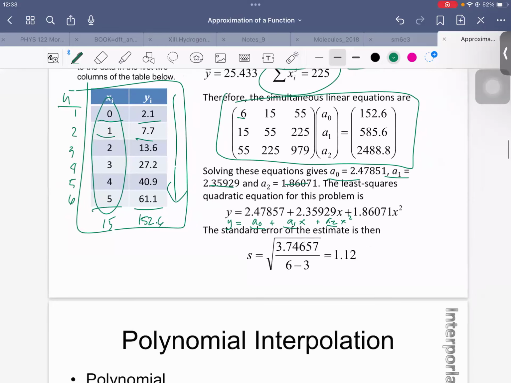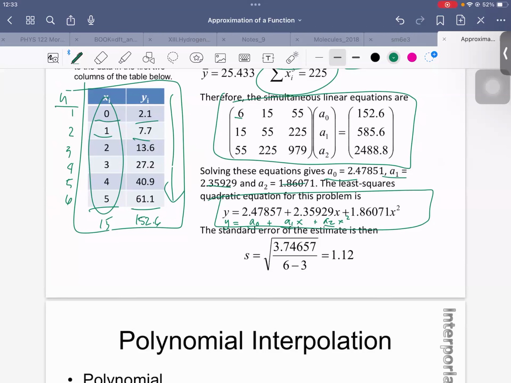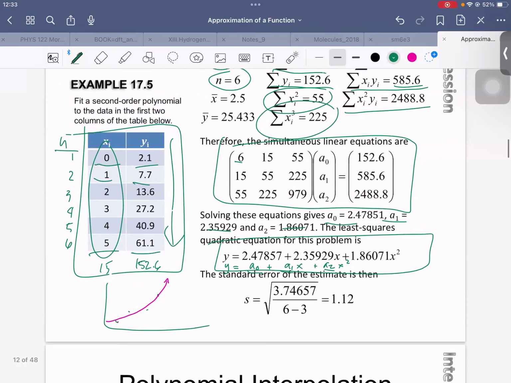Then you plot this. You can plot this along with this data and we will see. So you have your raw data and you have your function that you want, you try to fit those data in. All right?